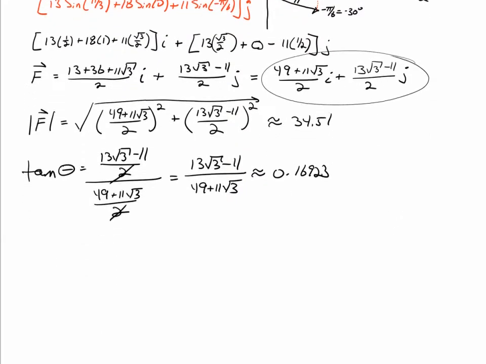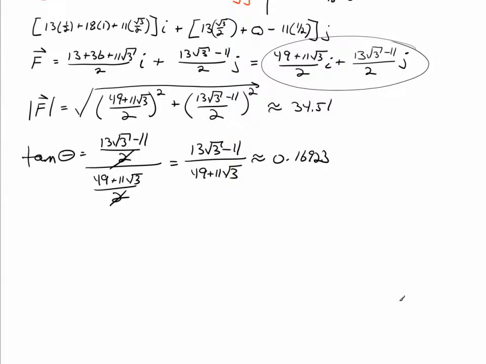That means the angle theta is going to be equal to arctan of 13 root 3 minus 11 over 49 plus 11 root 3, which is approximately 0.16764 radians.